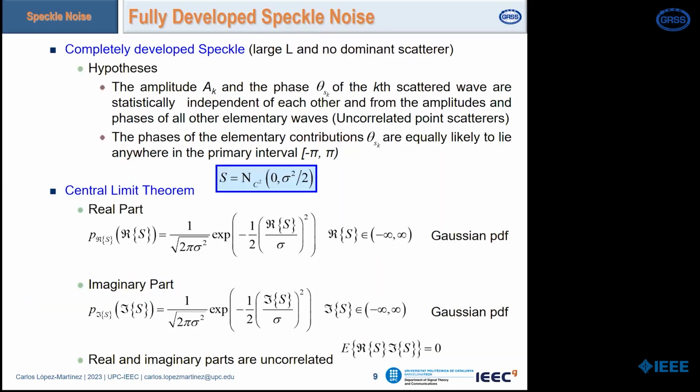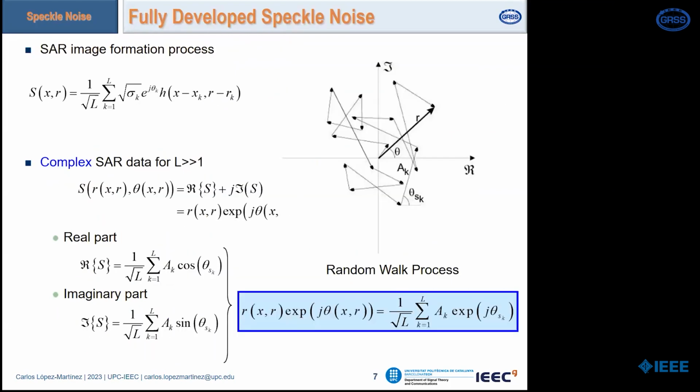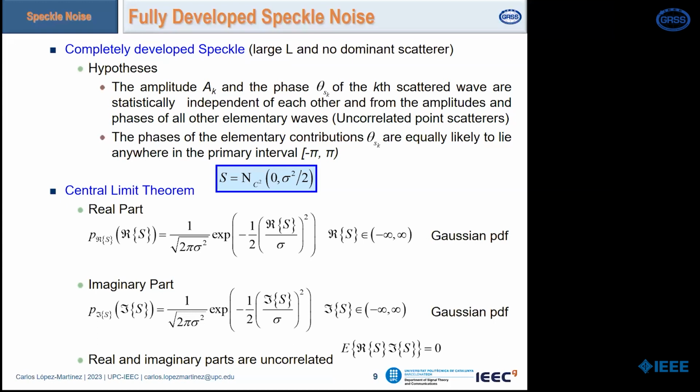We have discussed that we form the image in this way, by complex addition. So what happens to the real and the imaginary part if L is infinite? If L is infinite and we take the hypothesis that the amplitude and the phase of each individual target are independent, and the targets are independent between them, we can call the central limit theorem.